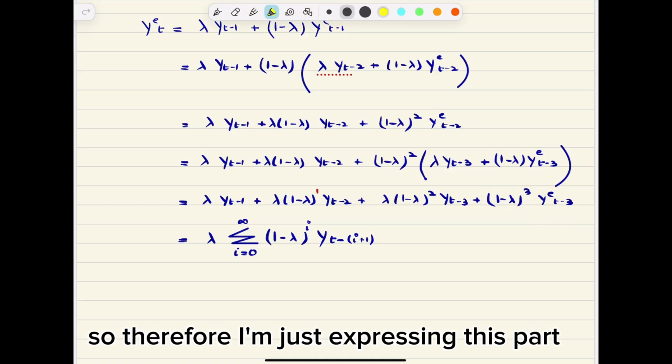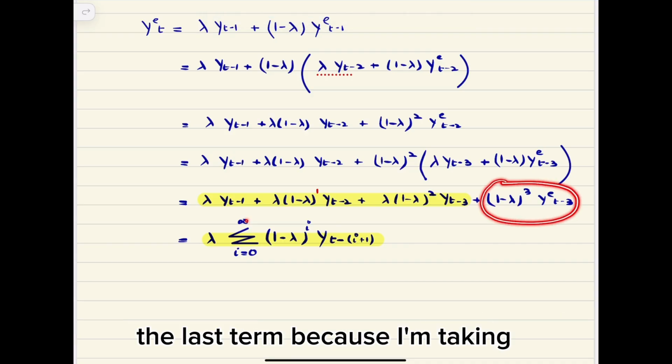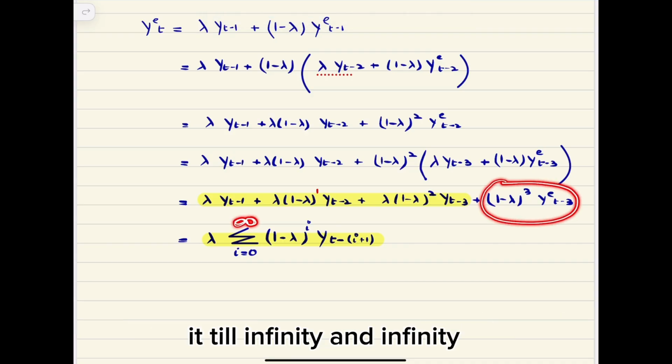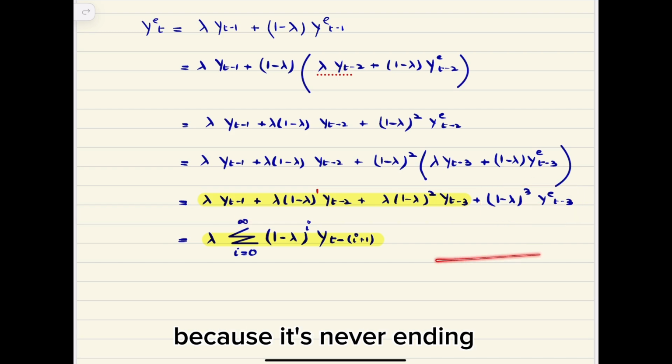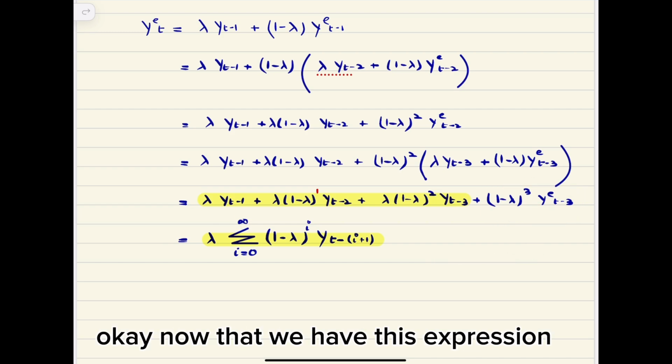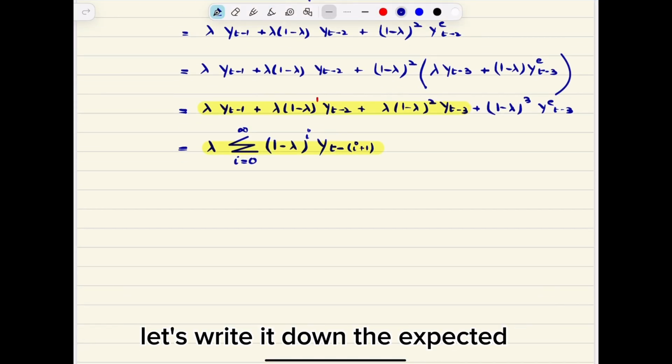So therefore I'm just expressing this part in an expression like this, and I don't need to mention the last term because I'm taking it till infinity, and infinity means that the last term does not even exist because it's never ending.